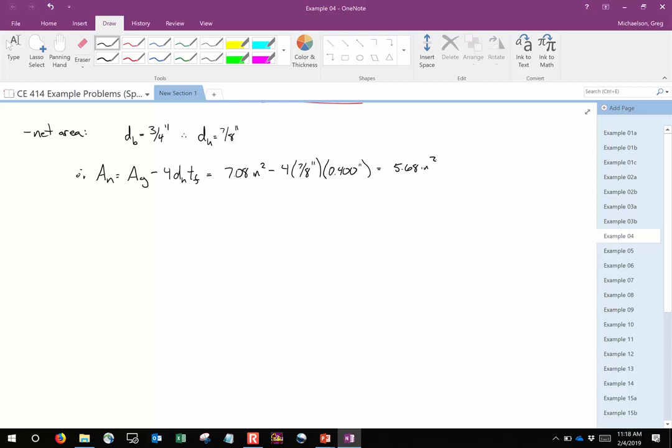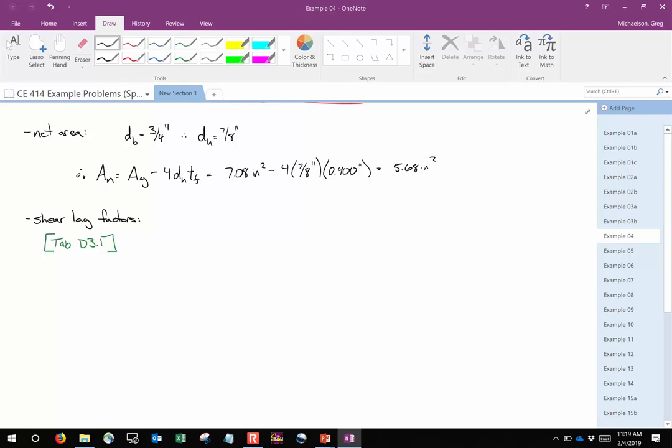Shear lag factors. So we need to refer to table D3.1, right? Let's turn to table D3.1. All right.